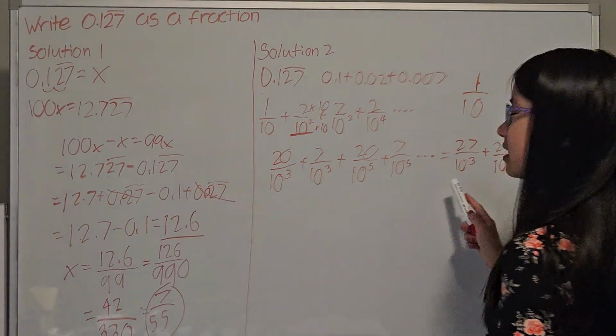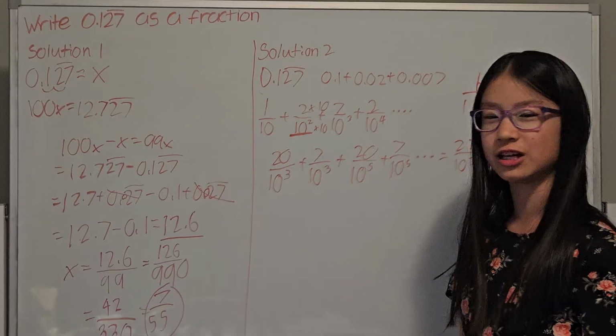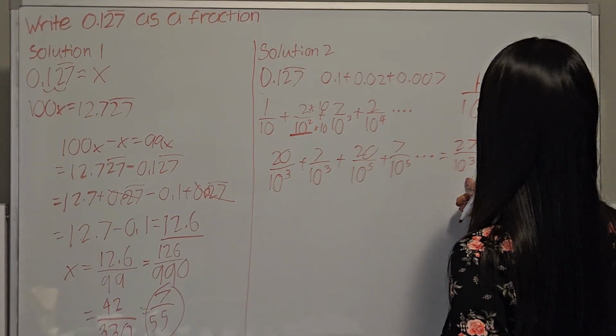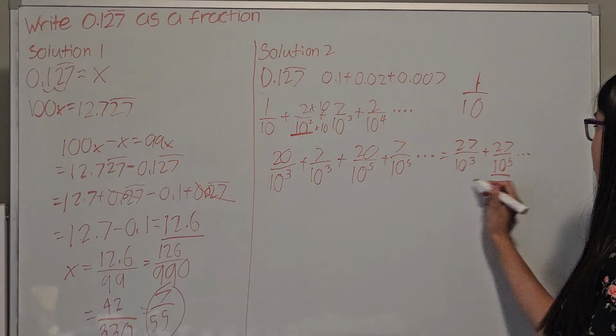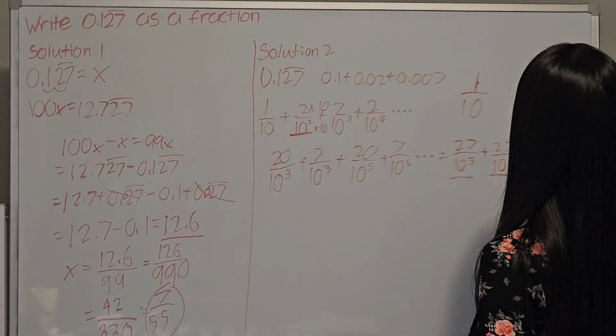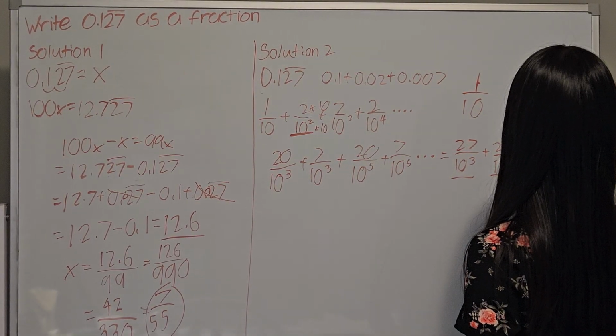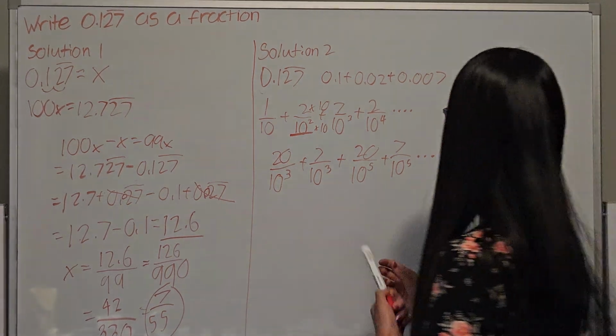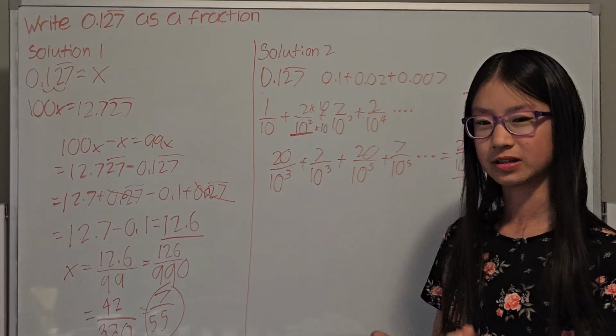Whenever we see these things, we need to find the common ratio as always. So we divide this by that, which will give us 1 over 10 squared. Now we can use the formula for the sum of an infinite geometric series.